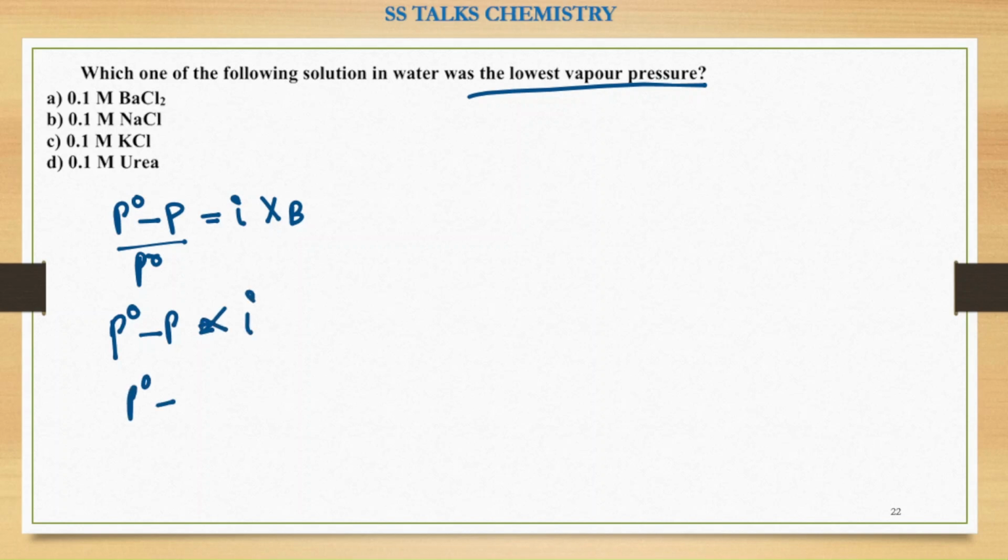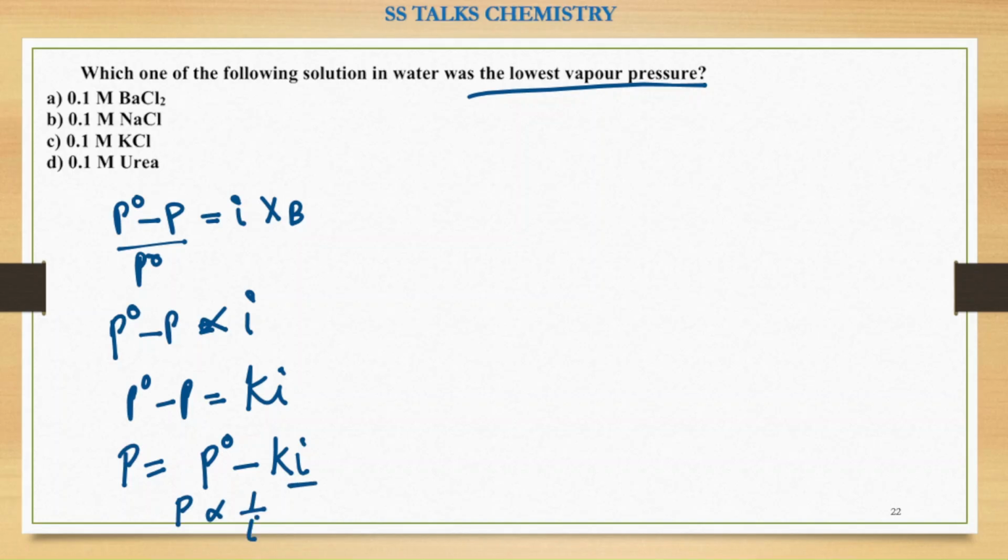So P naught minus P is equal to Ki, where K is the proportionality constant. So the pressure of the solution after the addition of the non-volatile solute will be P naught minus K into i. That means my pressure is inversely proportional to this i value. When the i value increases, the pressure value is going to decrease. This is what we get from this expression.